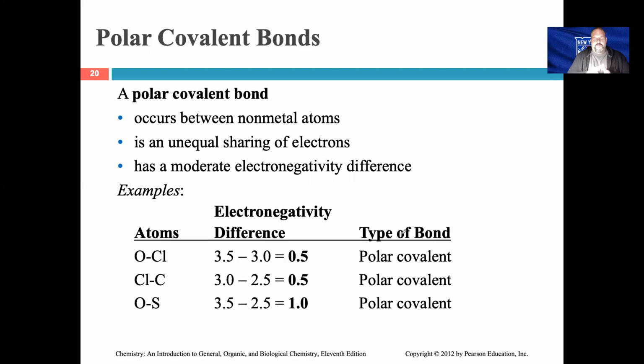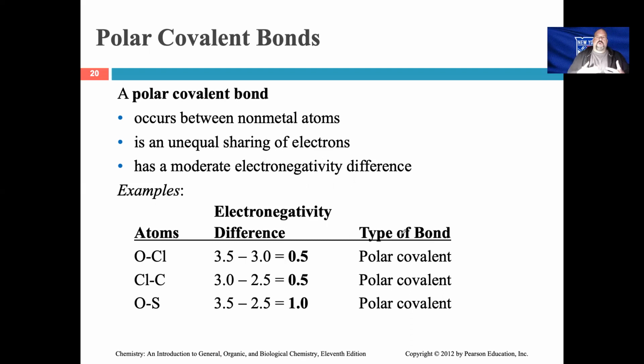So the electron density, the concentration of the electrons in that bond, is not centered directly in the middle of the two atoms. It's going to be shifted more towards one atom than the other. And because of that, you have what is known as an unequal sharing of electrons. The electrons are being shared, but they're shifted towards one atom more than the other.